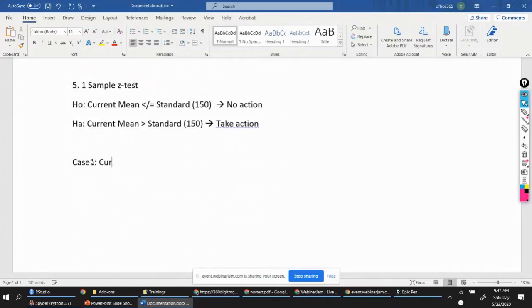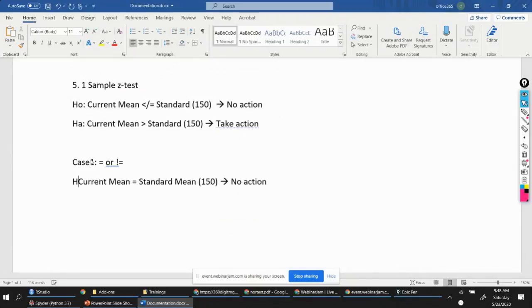So I'll say the current mean is equal to the standard mean, which is 150. Then yes, no action. This is what we want. So we are verifying whether it is equal or not equal. This is what we are verifying.